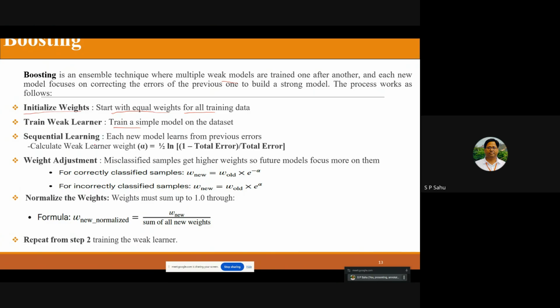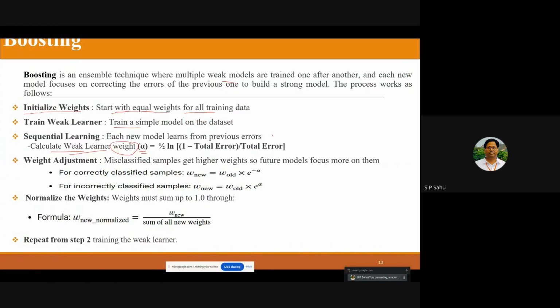Since it is sequential learning, when we apply the entire data set to this weak learner, the weights are to be calculated. The weak learner weight is calculated by the formula alpha equals half ln, natural logarithm, of (1 minus total error) upon total error.